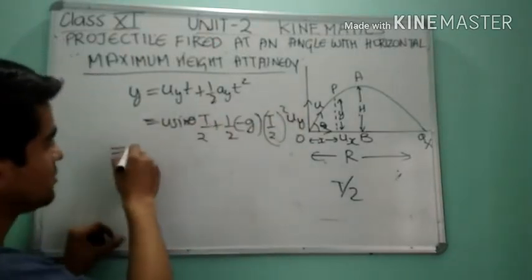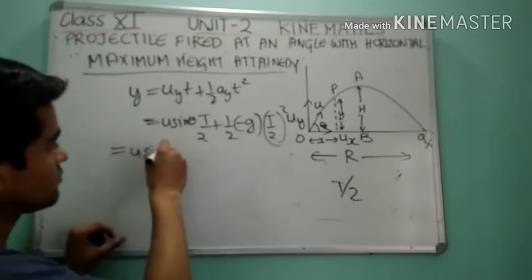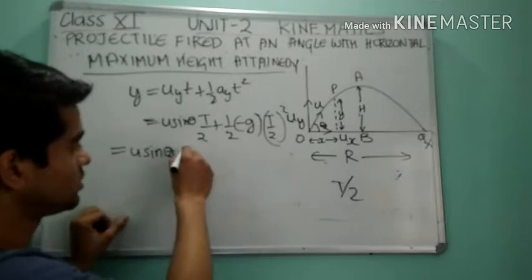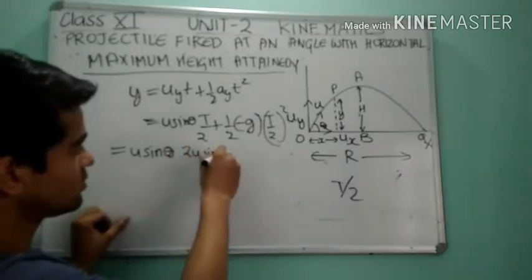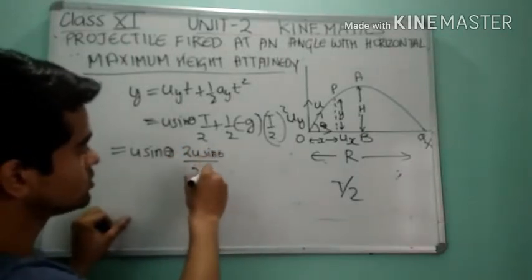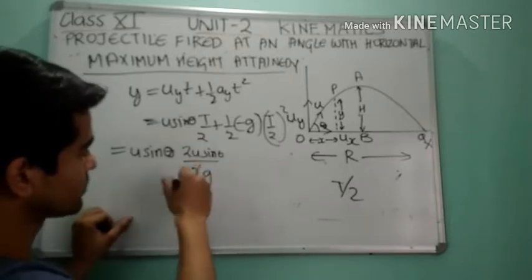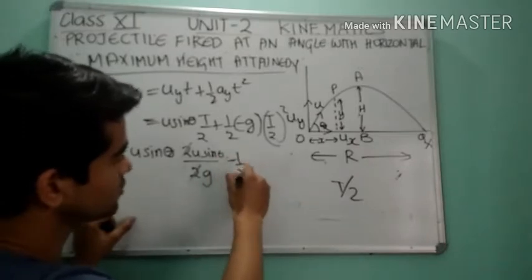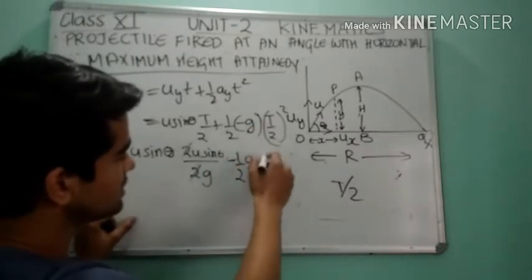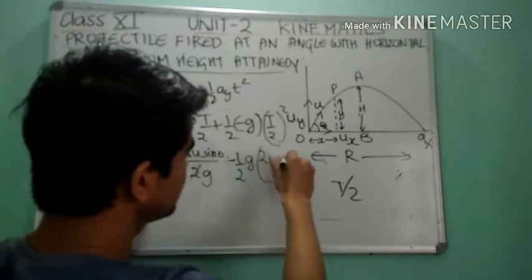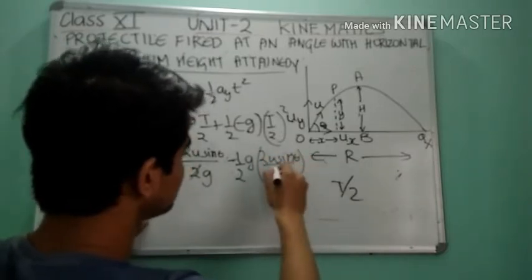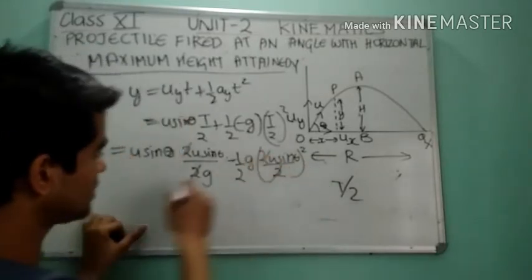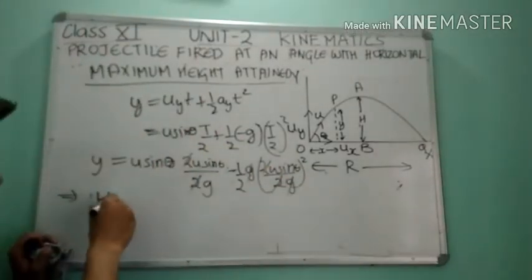Now we put the value of T by 2 from the previous equation of time of flight. T by 2 comes out to be 2u sine theta upon 2g, because there is a 2 here, so it will cancel out. Plus minus 1 by 2 g, and T is again 2u sine theta upon 2 square, so it will cancel out again. y becomes h, the maximum height.